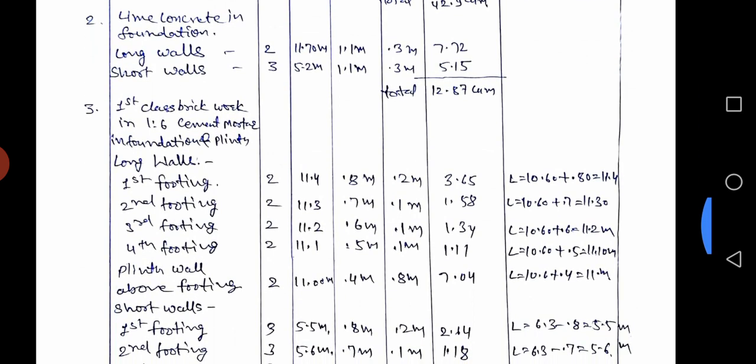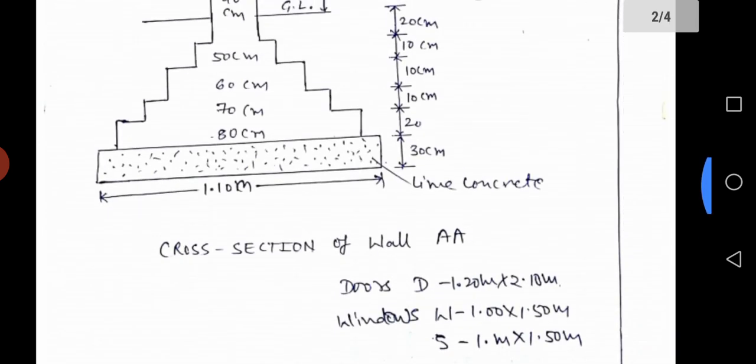The third one is first class brickwork in 1:6 cement mortar in foundation and plinth. First we calculated for long wall. In long wall, first class brickwork in foundation or plinth. For first footing, number of first footings is 2 because of long wall. Then length L equal to 10.6 plus 0.8. 0.8 is the width of first footing.